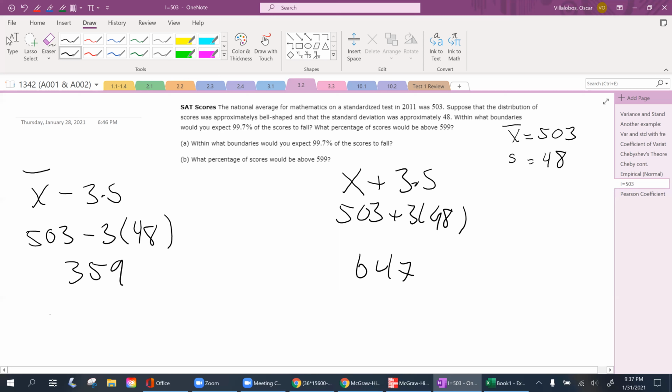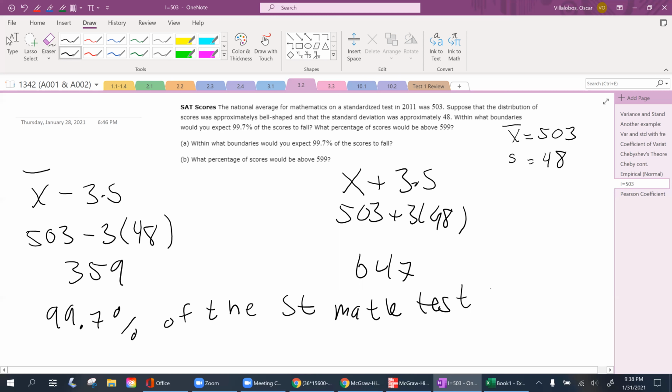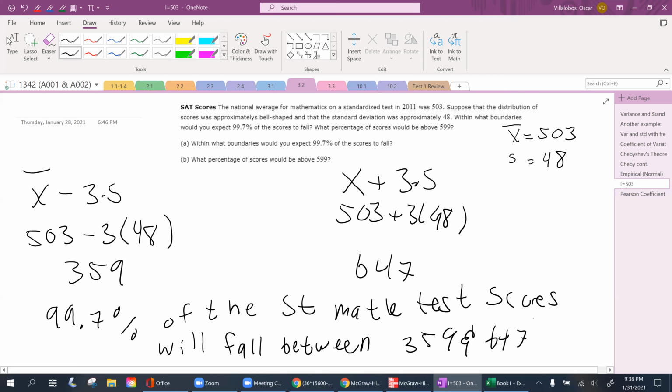So that means 99.7% of the standardized math test scores will fall between 359 and 647.